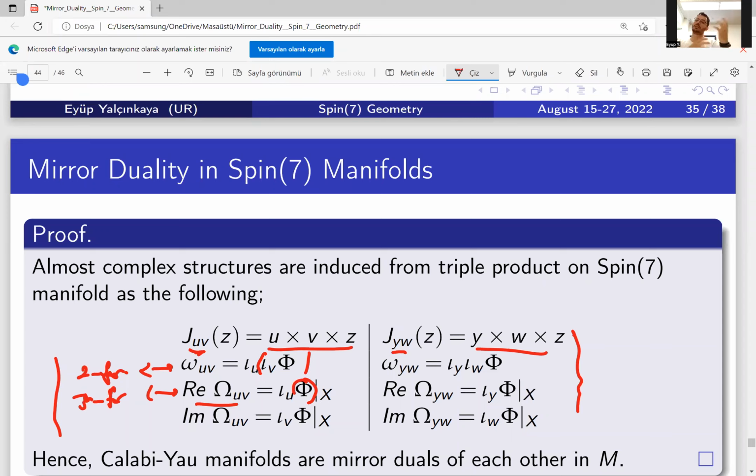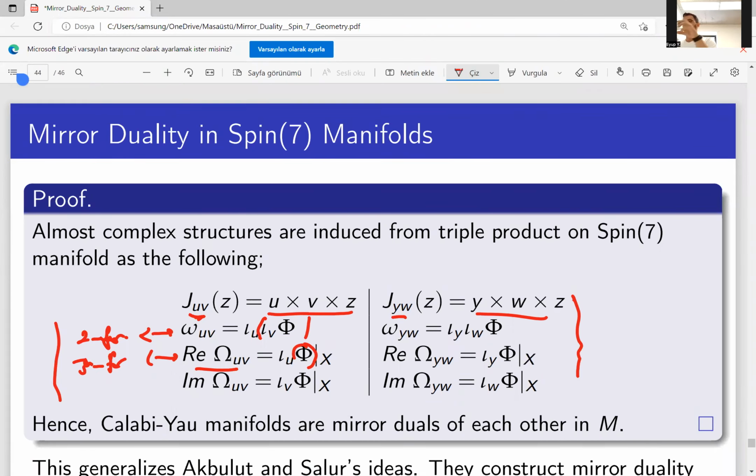This is the direct equivalent idea of Calabi-Yau manifolds and the Floer techniques in the homological mirror duality idea. But again, the bigger question of finding mirror duality in Calabi-Yau manifolds is still an open problem.